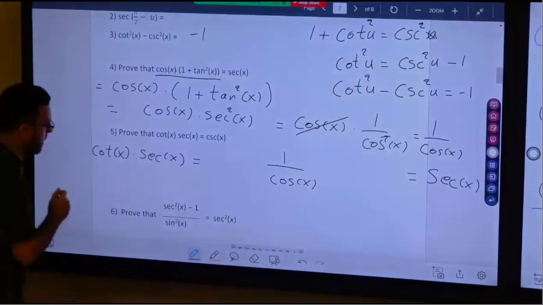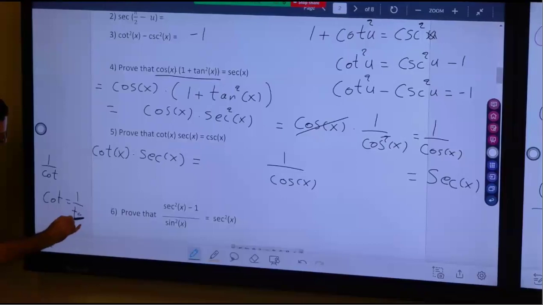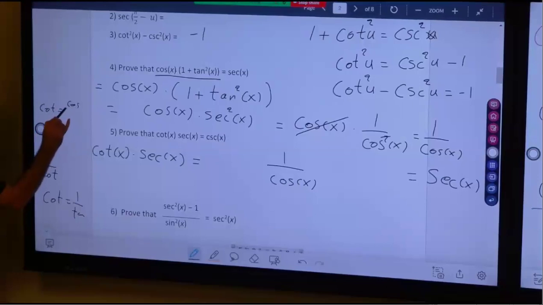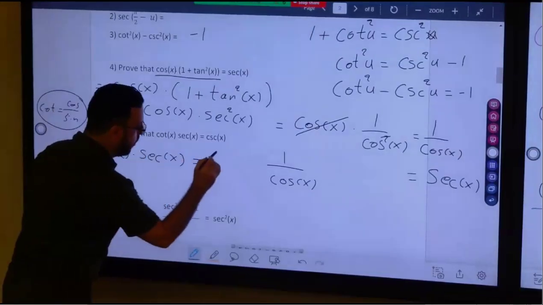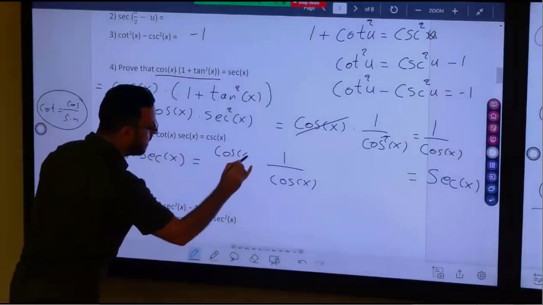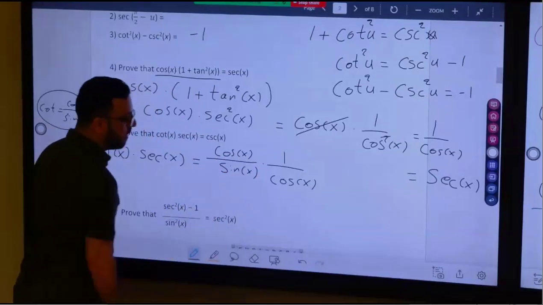I can use tangent equals 1 over cotangent, or cotangent equals 1 over tangent, right? But I have another rule, it says cotangent equals cosine over sine. So I'm going to use this one. Cotangent equals cosine x over sine x.